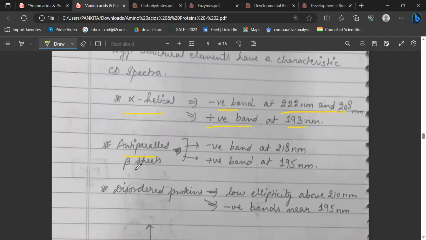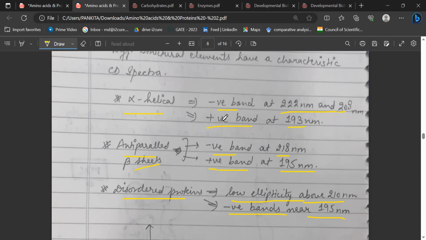In case of anti-parallel beta sheets, a negative band is produced around 218 nanometer, while the positive bands are at 195 nanometer. And in case of disordered proteins, whose secondary structure is not as ordered as in alpha helical or anti-parallel beta sheet, there is a very low ellipticity above 210 nanometer, and they show negative bands near 195 nanometers.